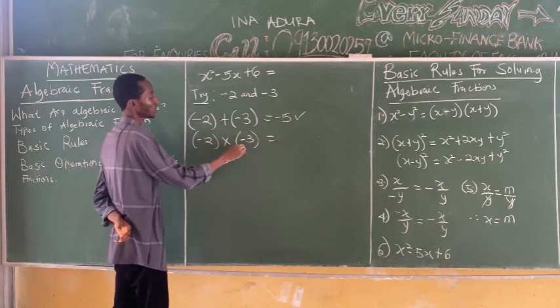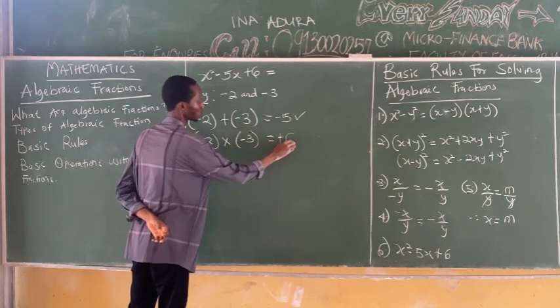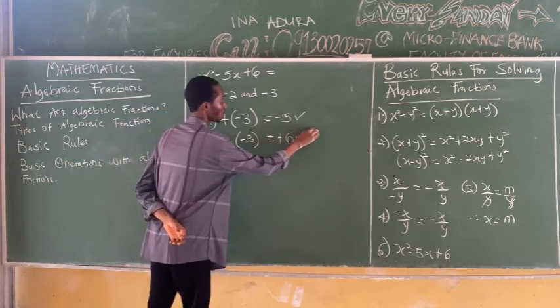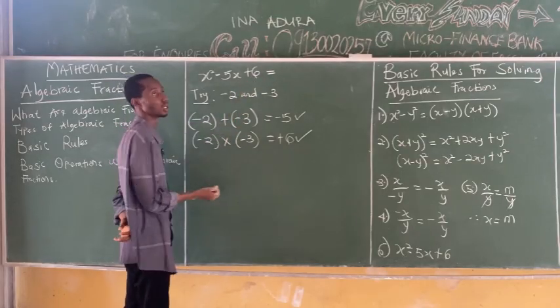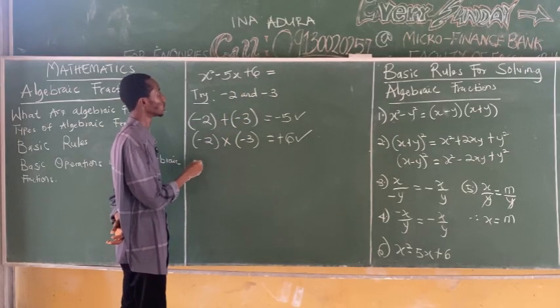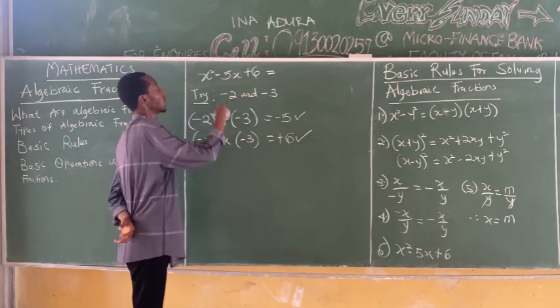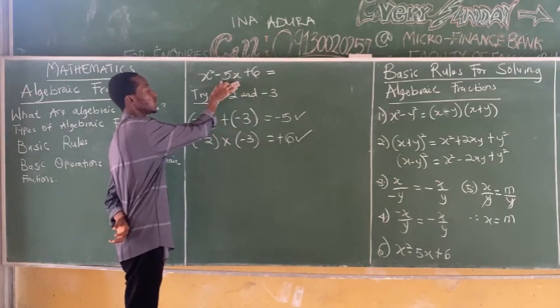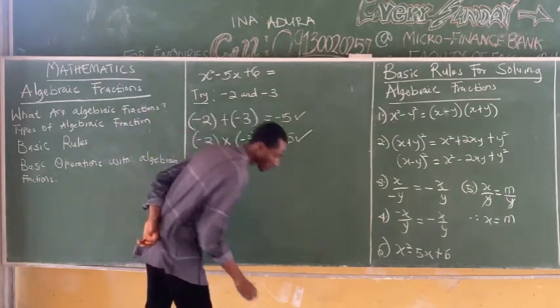Minus times minus gives us plus. 2 times 3 will give us 6. This also satisfies the second condition. Therefore, the two numbers that when you multiply them together give us the constant, and when we add them together give us the middle term, are minus 2 and minus 3.